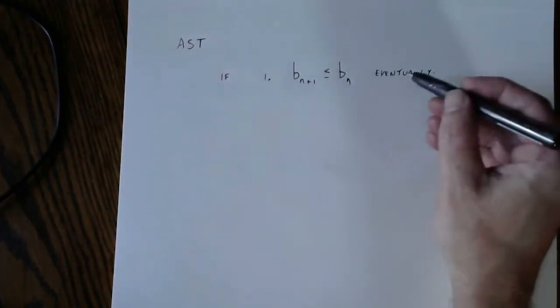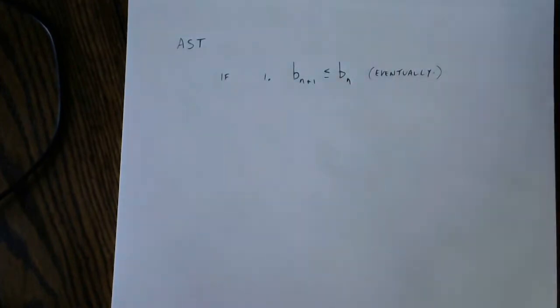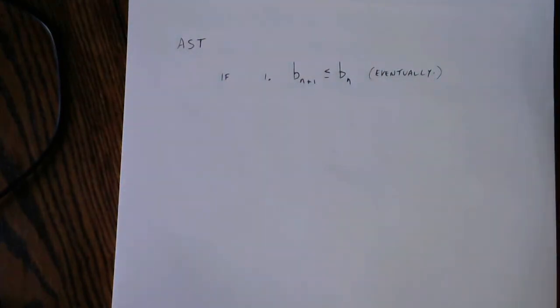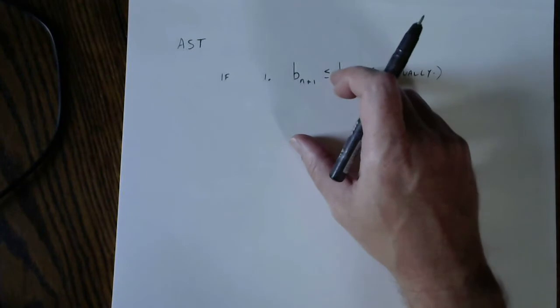This means decreasing, but this actually means eventually decreasing. So what that means is the first 2, 3, 4, 200 terms could actually increase, but at some point you hit a point where everything after that is decreasing. Okay, so that's condition 1.